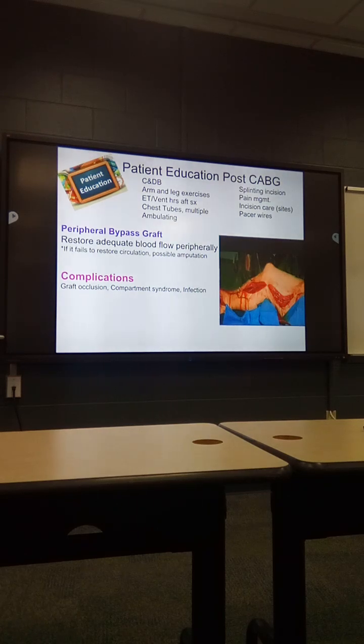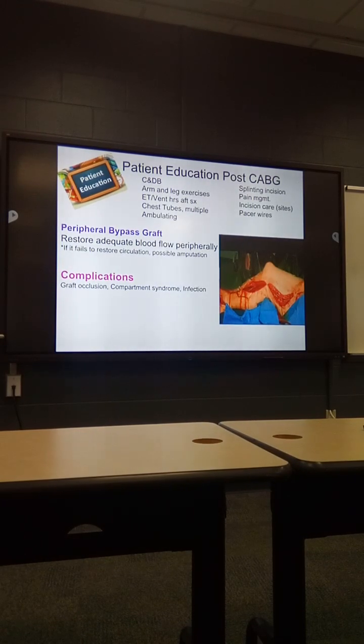So take care of everything. All the CABG does is restore blood to that heart. If it fails to restore, you're looking at complications where that vessel can become occluded. You're looking at infection, compartment syndrome.